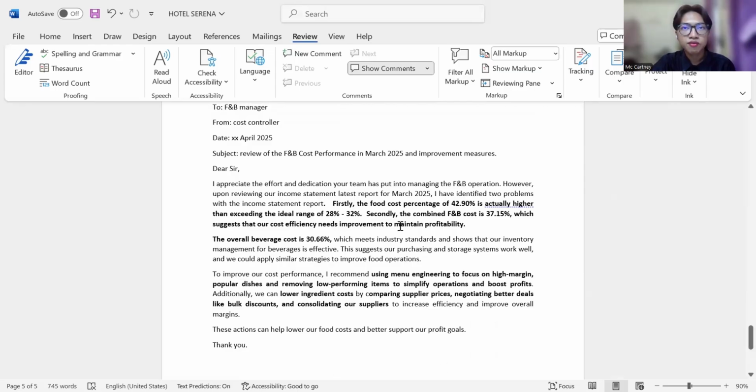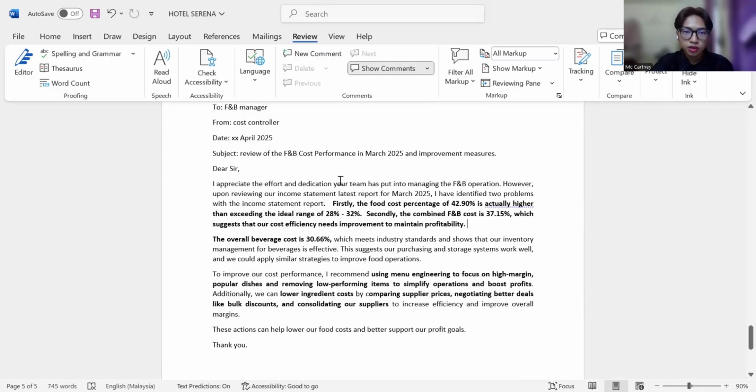In our brief cost control memo, we need to identify two problems from the income statement or cost percentages that we already calculated, one area where cost control is working well, and two actionable recommendations to improve cost performance.